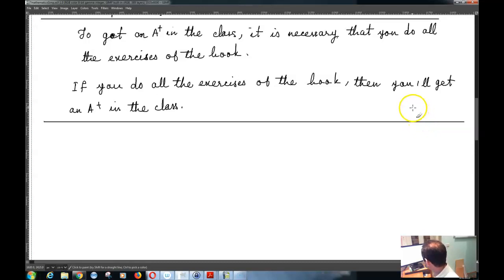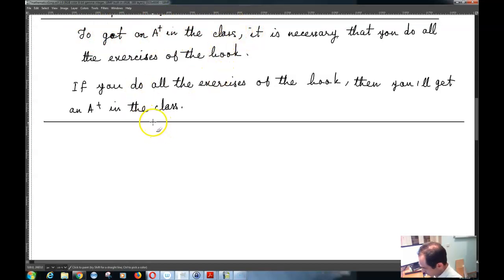What they have written is: if you get an A+ in the class, then you do all the exercises in the book, which makes no sense. What they have written is basically to get an A+ in the class.